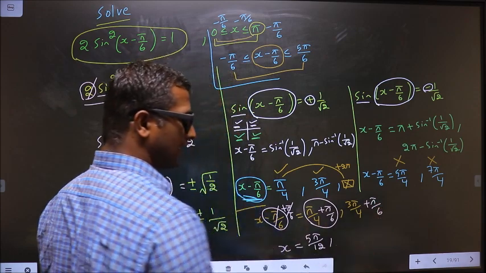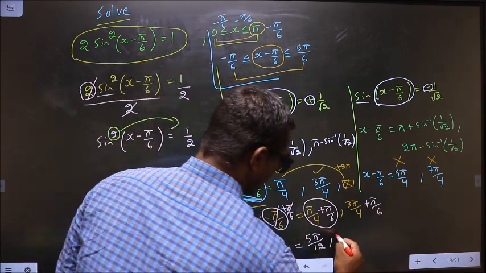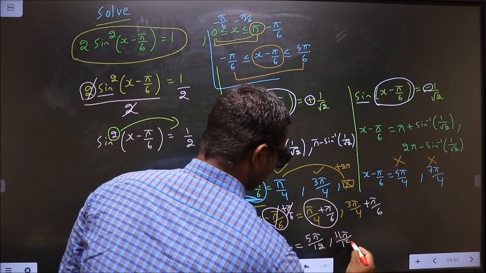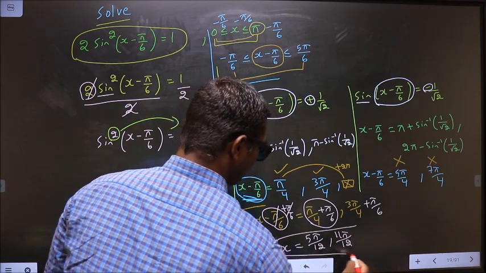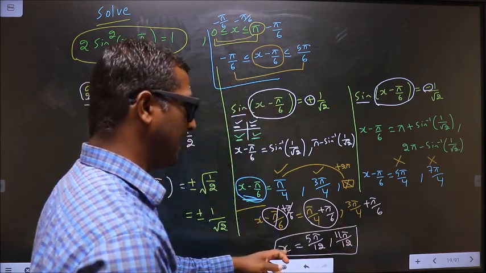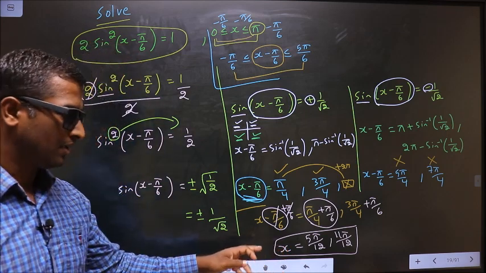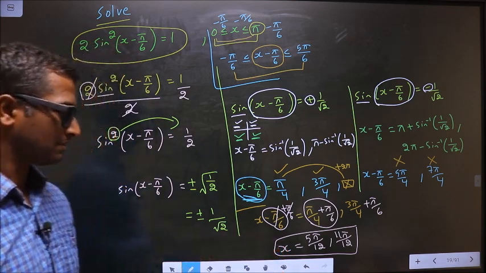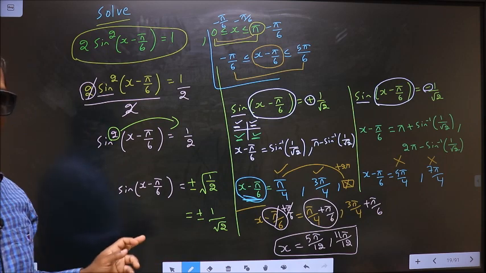Place this in the calculator, you get 11π/12. So these are the values of x. This is our answer. Am I clear?